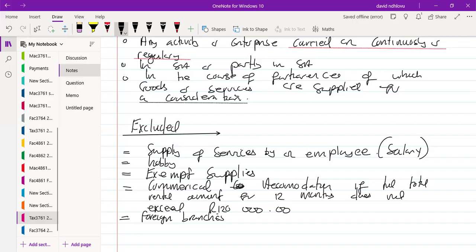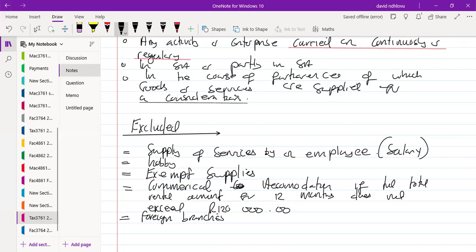So if your branch in the UK does business in the UK and makes supplies there, those supplies were not taking place in South Africa. Therefore, your supply by your branch in foreign lands will not constitute an enterprise in your hands here in South Africa, and therefore will not have implications in terms of VAT.